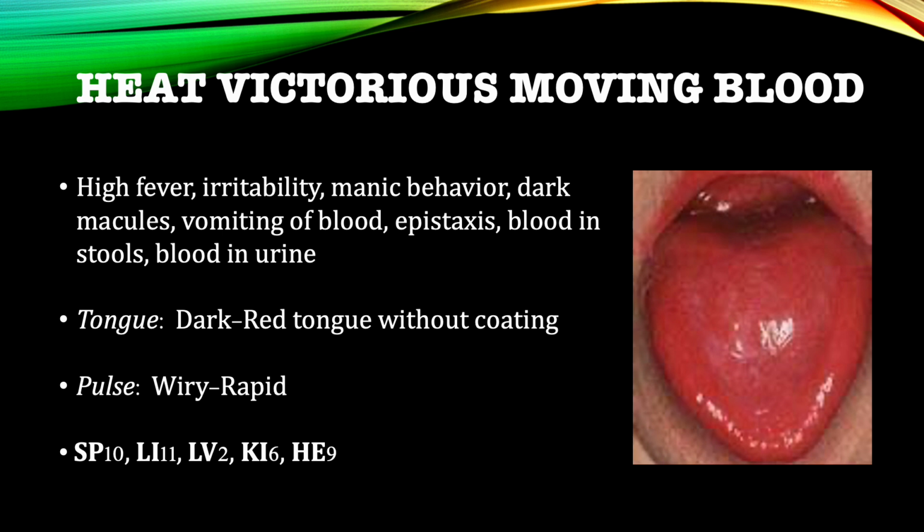Heat victorious, moving blood: high fever, irritability, manic behavior, dark macules, vomiting of blood, epistaxis, blood in stools, blood in urine. Tongue, dark red without coating. Pulse, wiry, rapid. Points: spleen 10, Li11, liver 2, kidney 6, heart 9.